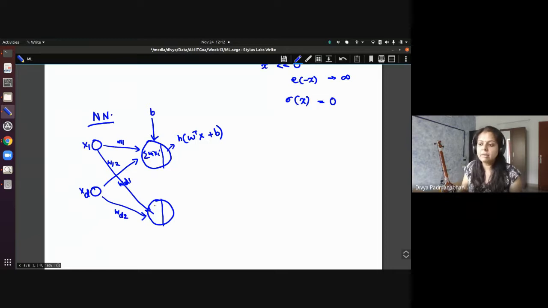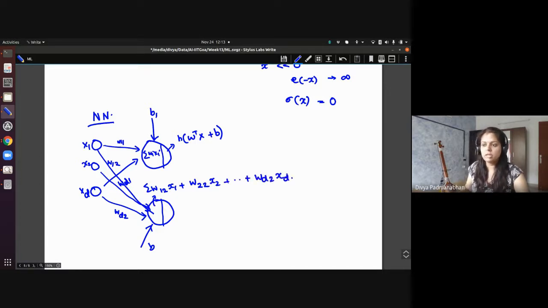So here I can have one more value B, and I can get W12 X1 plus W22 X2 plus so on, plus WD2 XD. So that would be this part, and then you could again apply an h of that.